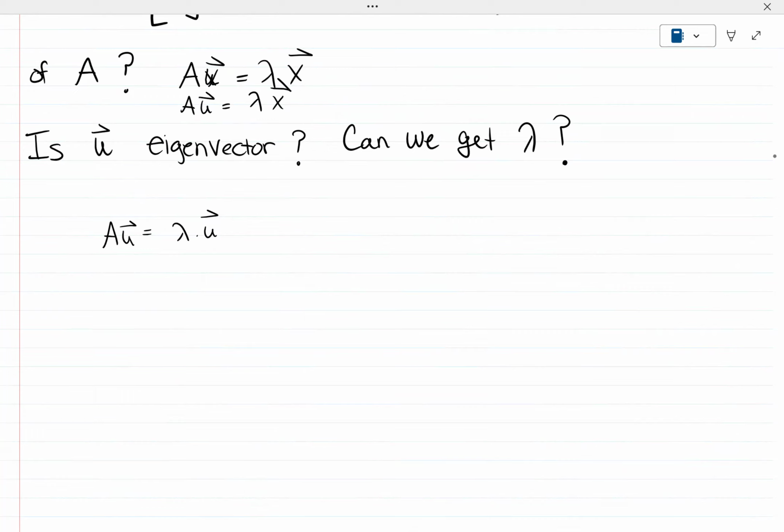It was given that matrix A is a 2 by 2, 0, -2, -4, and 2. This is matrix A times vector u. Vector u is given, that is a 2 by 1, it's 1 and 1.